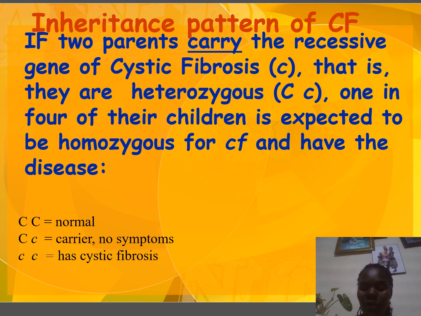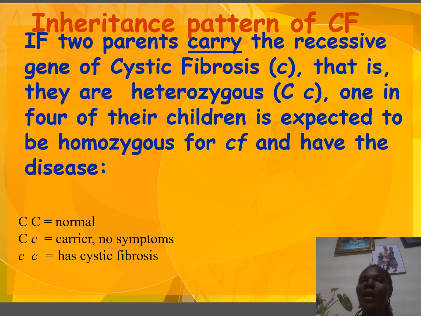So such individuals will show that they are normal. You can look at the carrier, no symptoms, because the capital C for healthiness has suppressed the allele for the disease.